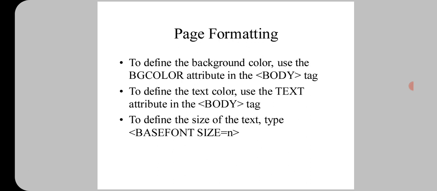First of all, we use the body bgcolor tag and basefont tags. So bgcolor and text color are two attributes which are used to set or change the foreground color and background color of a page.